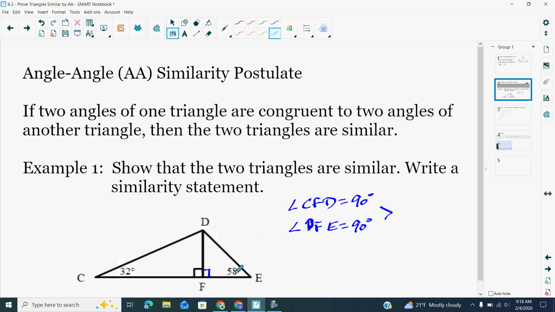We also know that these three angles need to add up to 180 degrees. So we can say 90 plus 58 plus, let's call that one X, is 180. 148 plus X is 180.